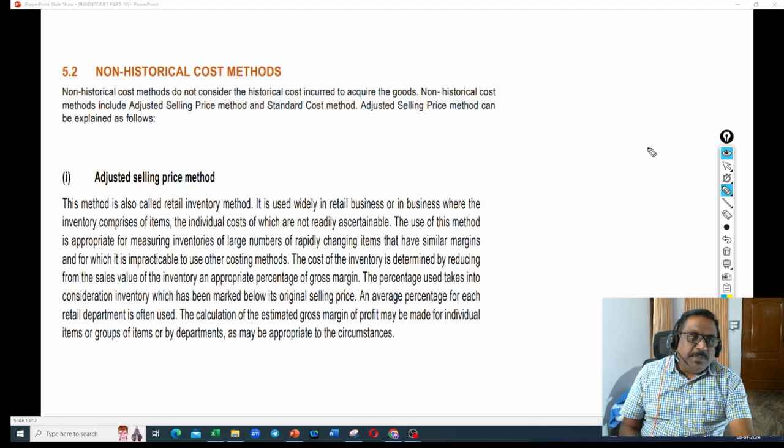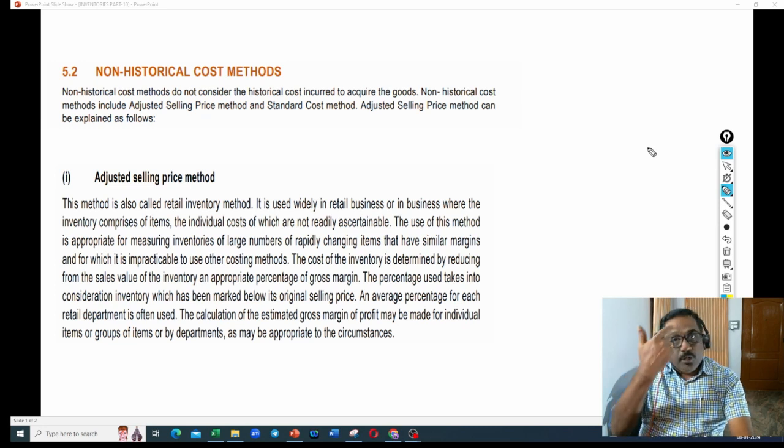The use of this method is appropriate for measuring inventories of a large number of rapidly changing items. If you go to a supermarket, they keep on changing their items. There is rapid change you observe there, and it is not practically possible to go back and identify the historical cost of those items.